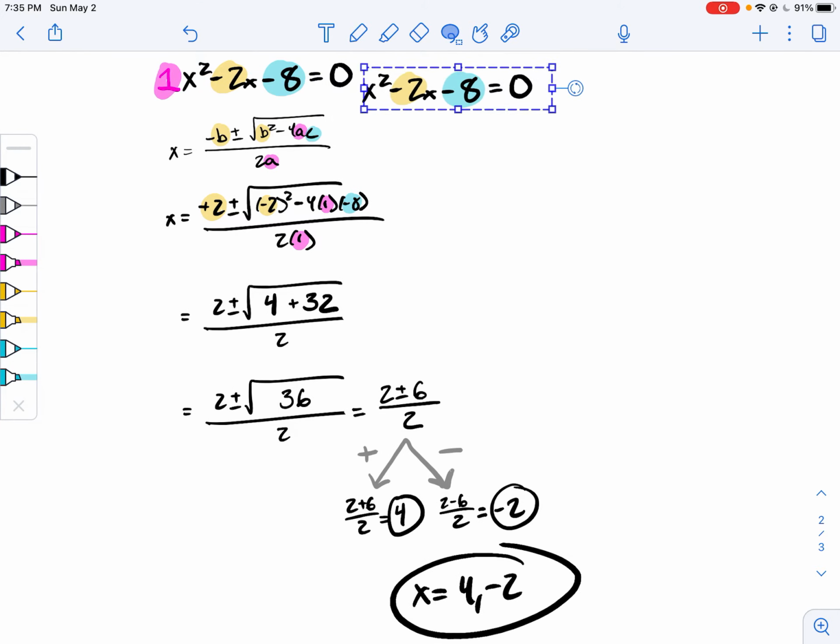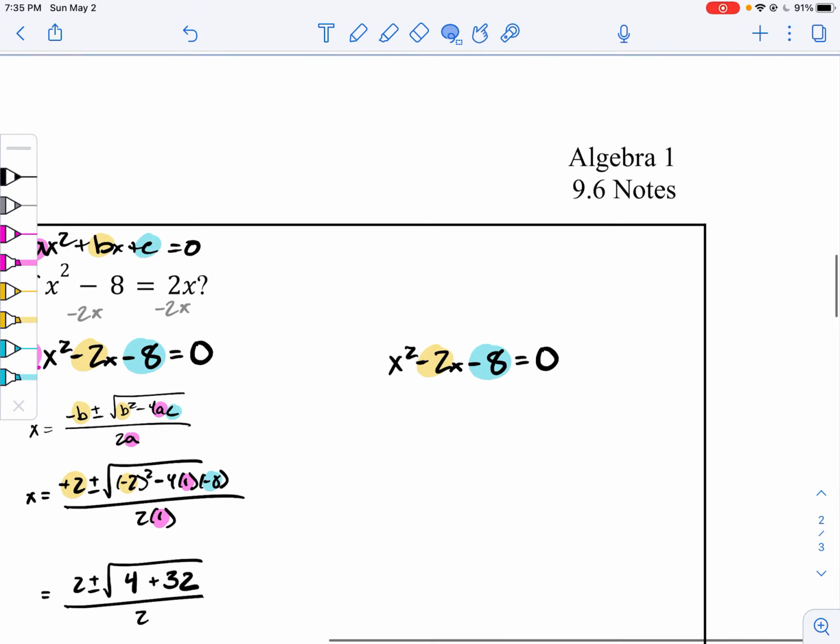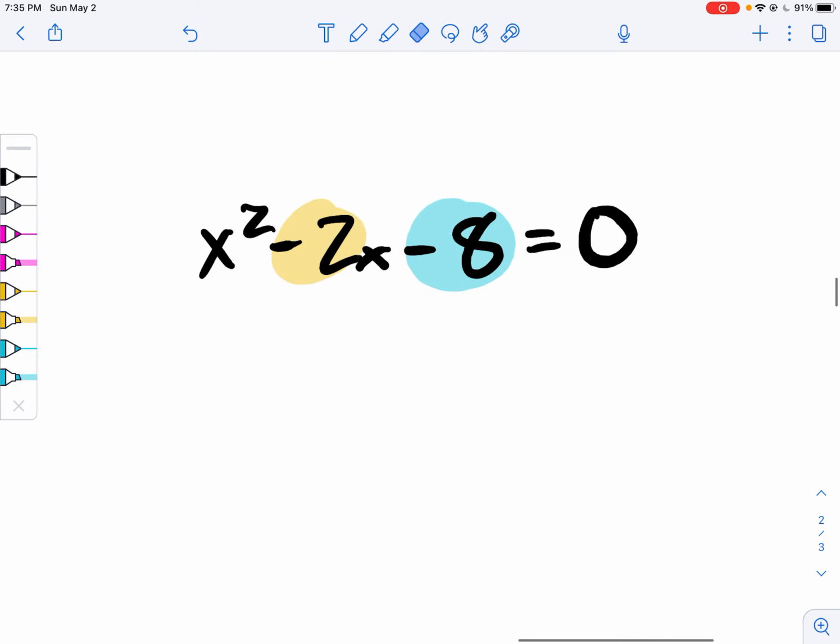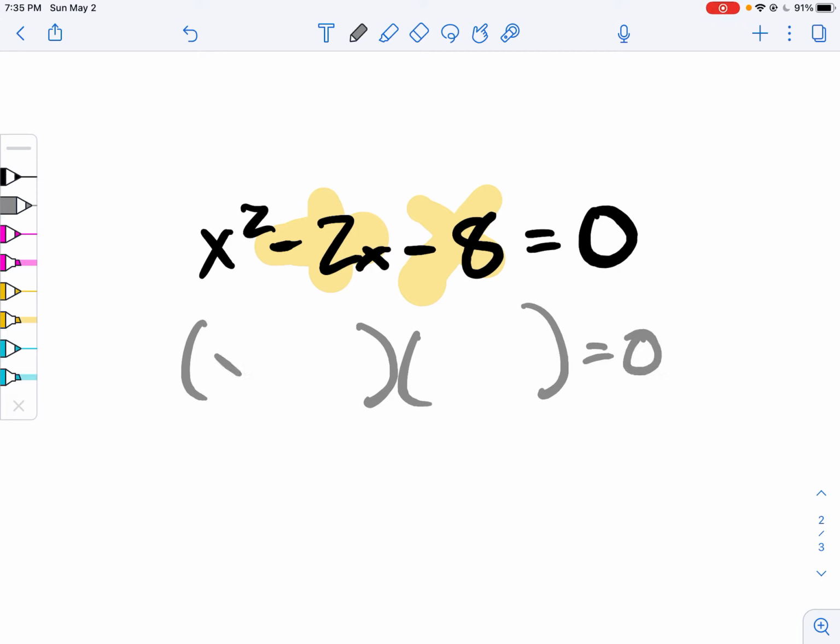Well, I could have just looked at this normal equation right here, what we started with, and said, oh, I've seen this before. I'm looking for a number that adds to negative 2 and multiplies to negative 8. And by a number, I mean 2 numbers that do that. And I know those numbers are going to be negative 4 and positive 2.